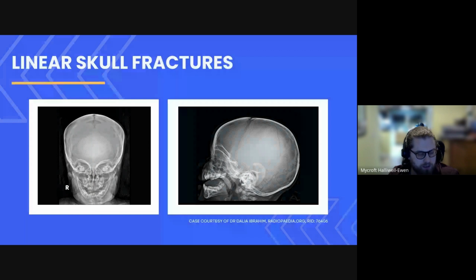And just by looking at the proportions, I'm relatively convinced it was pediatric even without the teeth. So quite sad. I think we'd be needing to send this patient for a CT to see if there'd been any underlying damage. But these are linear fractures, fractures through the skull vault without changing the overall shape of the skull particularly.